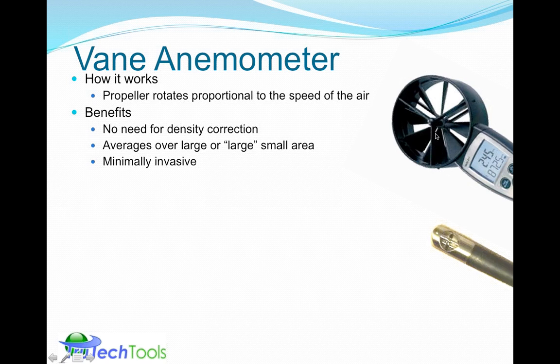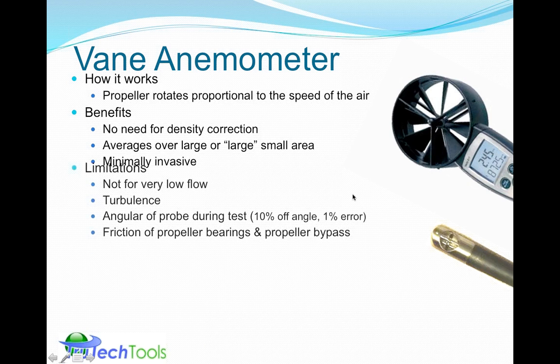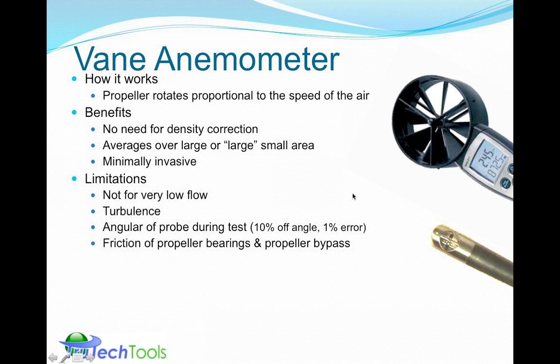They're also minimally invasive. The profiles are designed not to interfere with the airflow or provide any kind of back pressure or blockage. However, it does take a little bit of oomph to get the vanes turning on the anemometer, so they're not very good for low airflow readings. They don't operate well when there's turbulence or backflow.